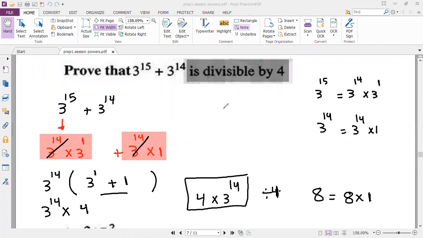Leave it, because we have 4 here multiplied by 3 to the power of 14, and I don't know the value of 3 to the power of 14. So leave it as it divided by 4. This value here is divisible by 4. You know why? Because we have 4 at the top and we have 4 at the bottom. That's it.